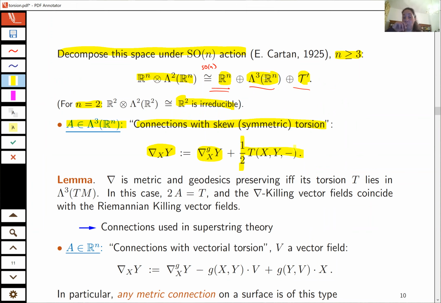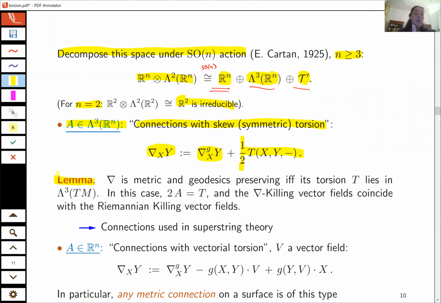Here's a first geometric interpretation which makes this class more interesting than the others. You can ask yourself the following question, namely, when you add torsion, what are the geodesics of this new connection?